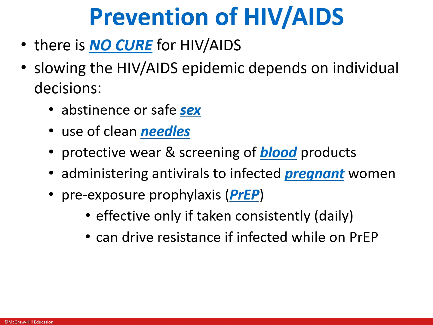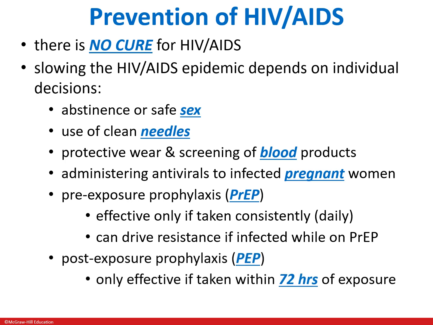So again, this virus mutates readily. If it is consistently exposed to the most effective medications we have, which by the way is what this prophylaxis is, you're basically just taking the antivirals that we use to treat the infection. And if they're on board immediately, during the exposure, then the risk of actually getting infected is reduced.